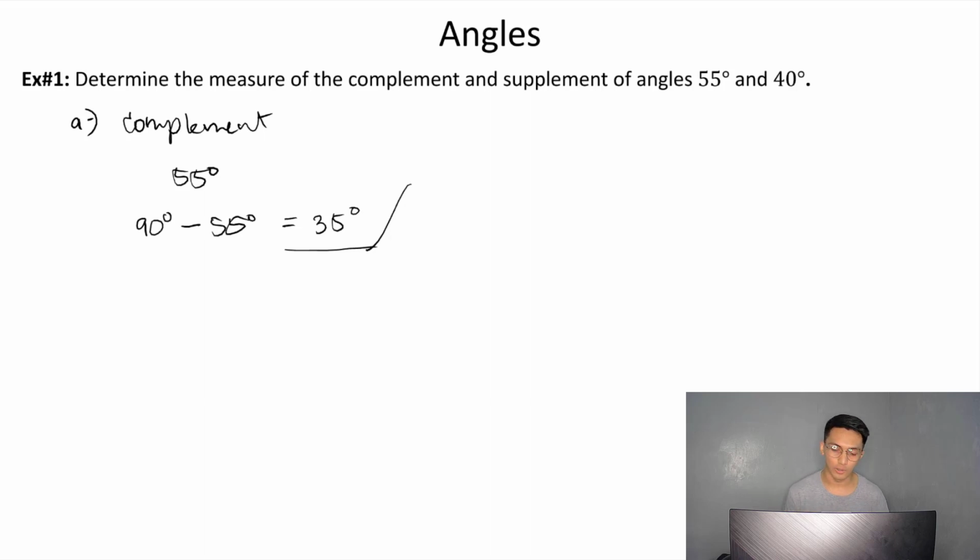Next, for 40 degrees. Same procedure, 90 degrees minus 40 degrees, and the answer is 50 degrees. Ibig sabihin, 50 degrees is the angle complement to the angle 40 degrees.